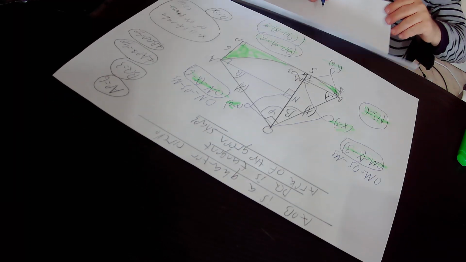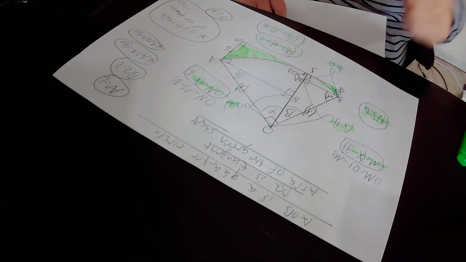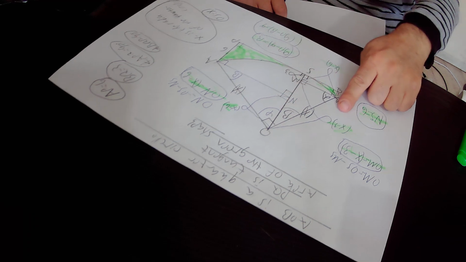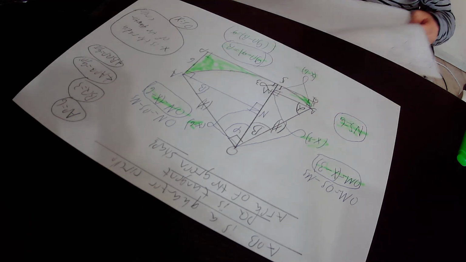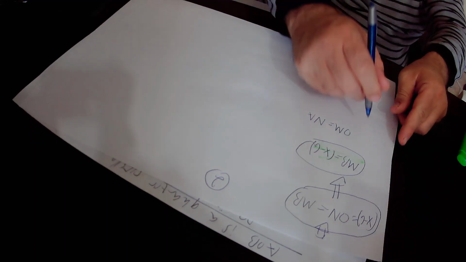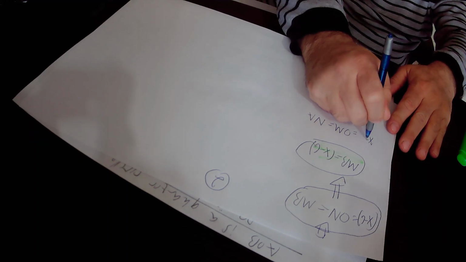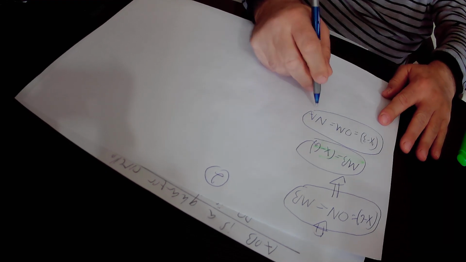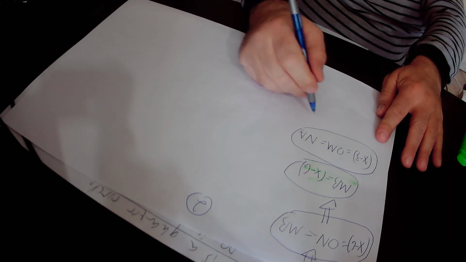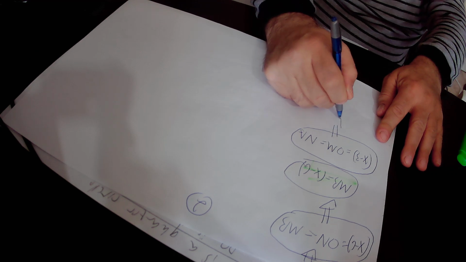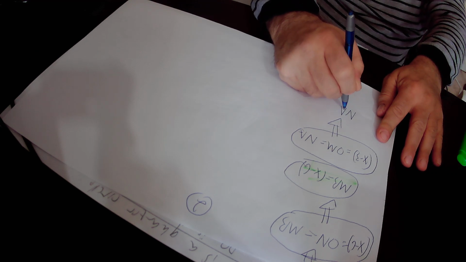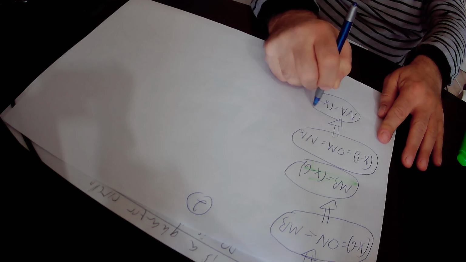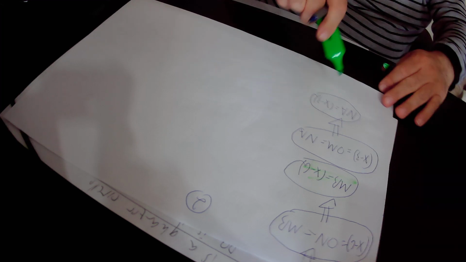But we have already found out that side OM equals x minus 3. So we can write here that OM equals x minus 3. And from this equation, x minus 3 equals OM equals NA, we will derive that NA is also equal to x minus 3 units in its length.